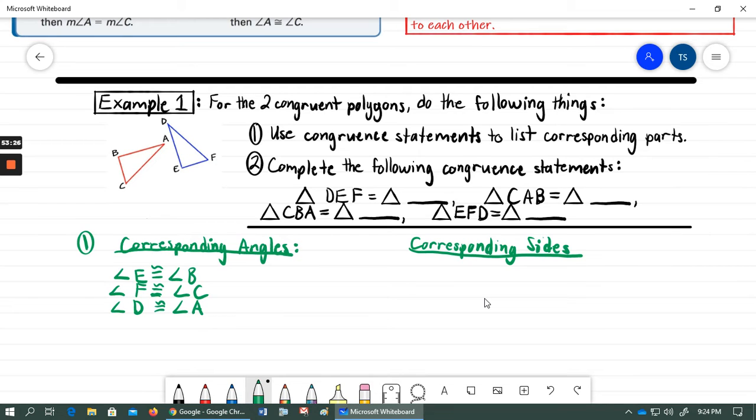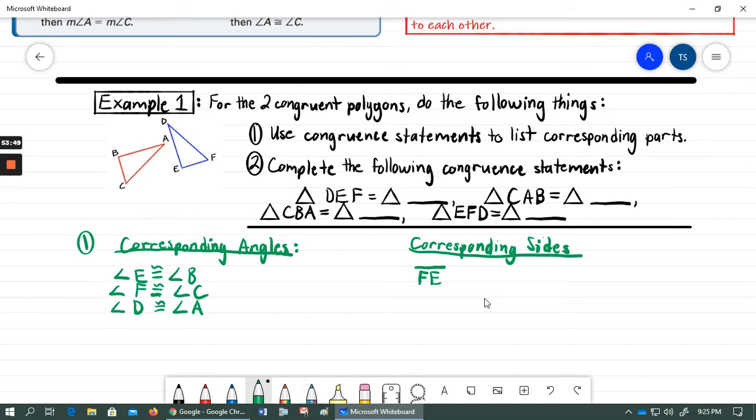All right, and then, folks, if we're going to list out corresponding sides, let's just pick a random side, like side FE. Who knows?